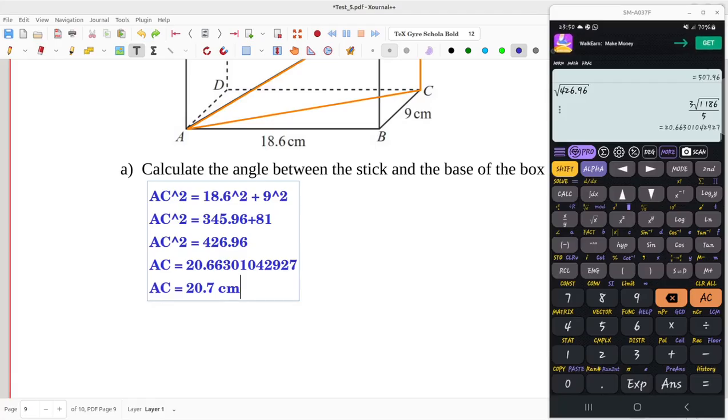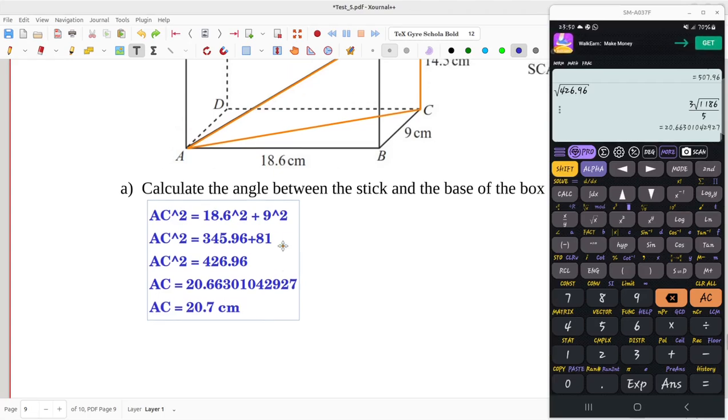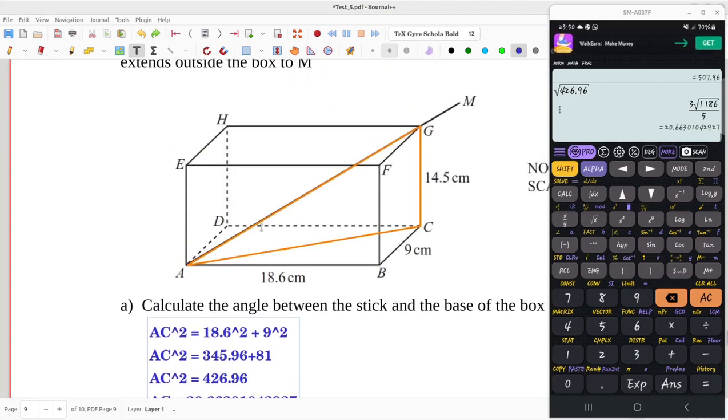Remember, we are not interested in AC, but rather we are interested in finding the angle there. Now we know this guy here is 20.7.